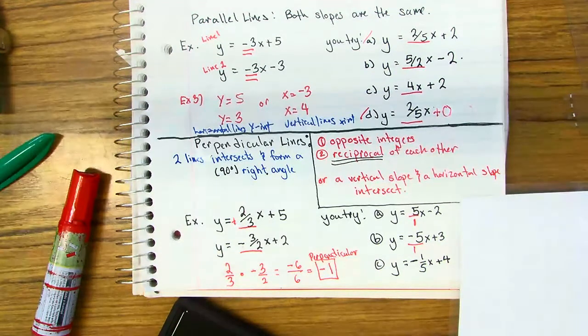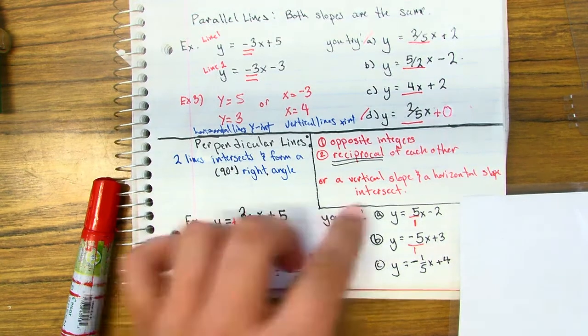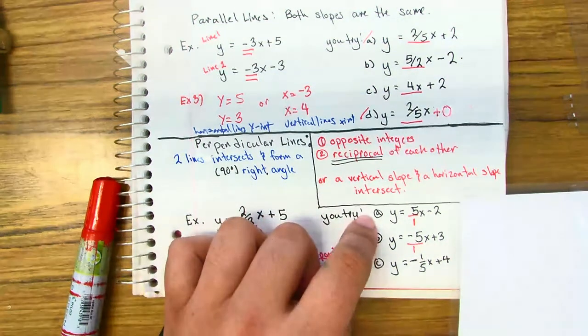Once again, one thing you can do is look first: are they opposite integers? And number two, are they reciprocals of each other? That's my way. I like to look at that version. But if you're not sure of yourself, then you can always multiply the slopes together and see if they equal -1. So here we can compare.